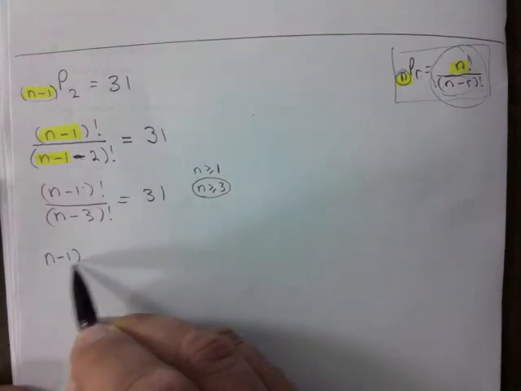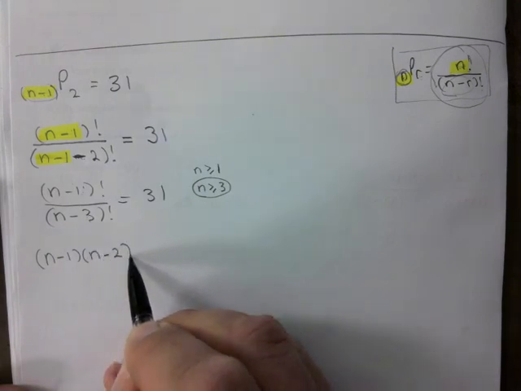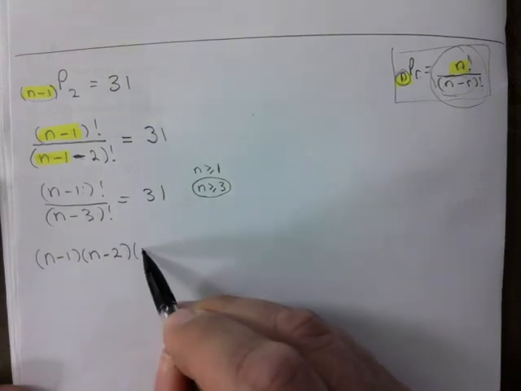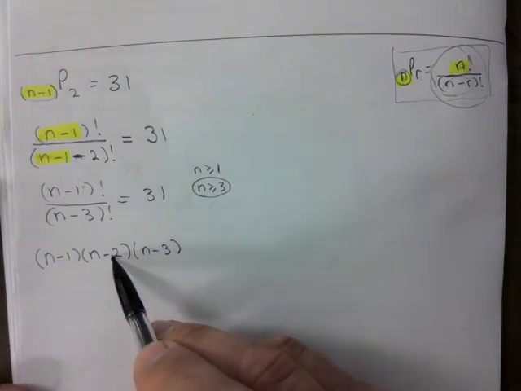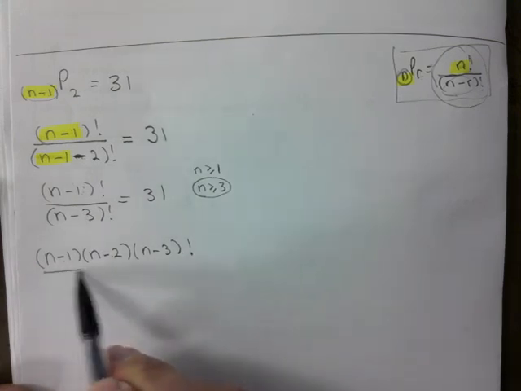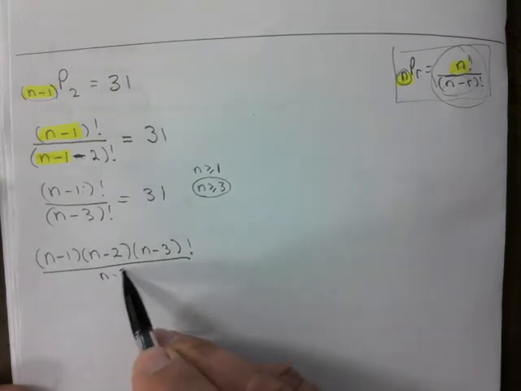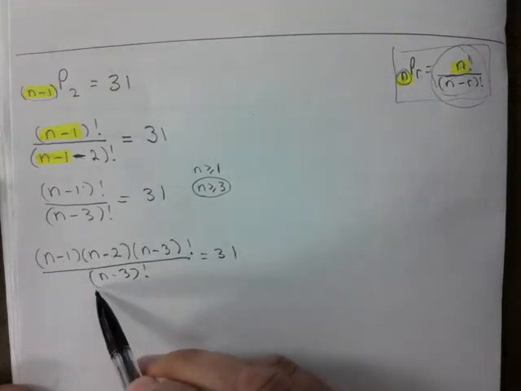N minus 1 times n minus 2 times n minus 3. Remember, whatever you start with, it's going to drop by 1 every time. You're going to factorial that because you know that in the denominator, you have the same thing. And remember, the 31 is still there.